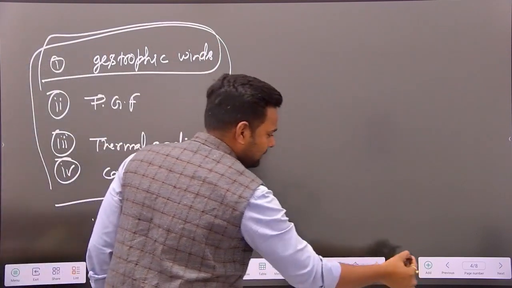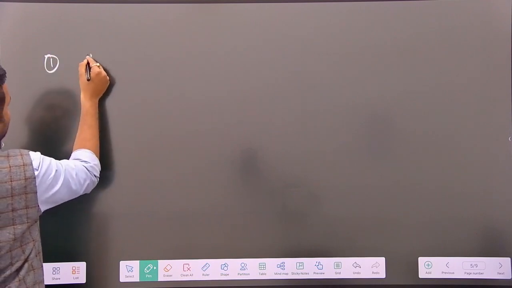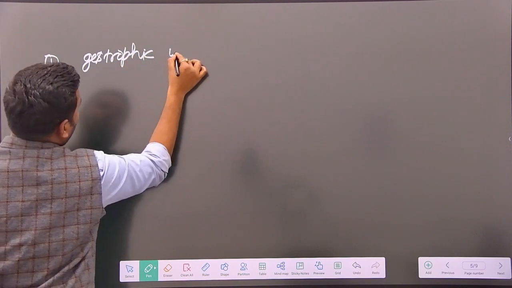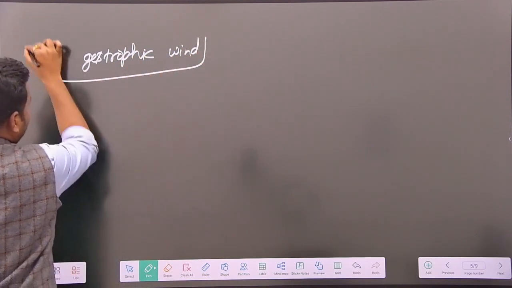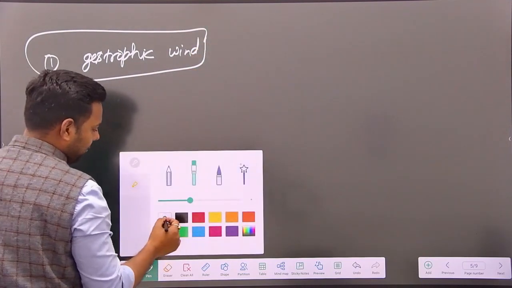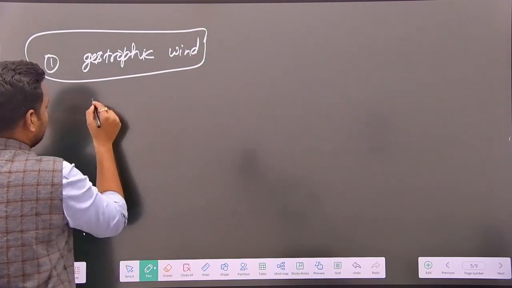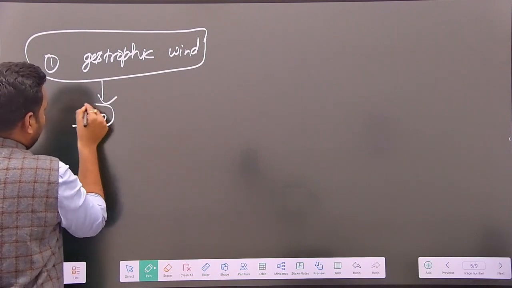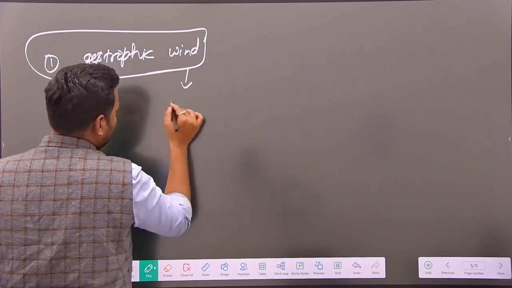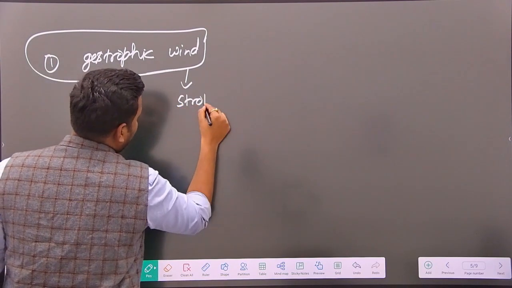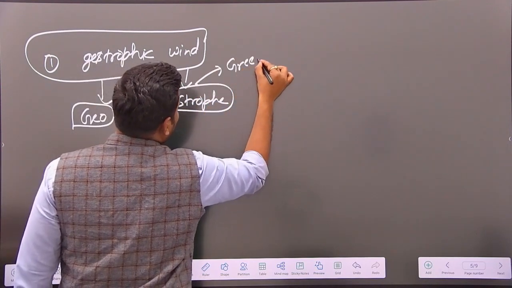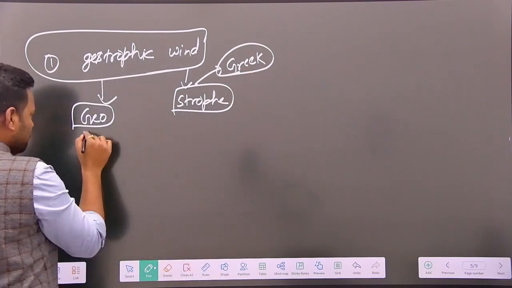The first is geostrophic wind. So now we are starting to discuss geostrophic wind. What is geostrophic wind? Let's try to explain in the easiest manner. The word geostrophic is made up of two words, geo and strophe. This word comes from Greek.